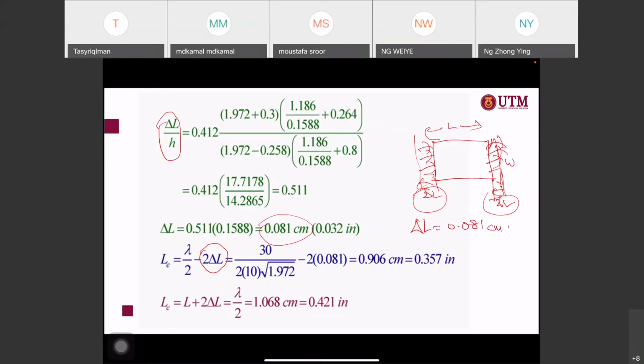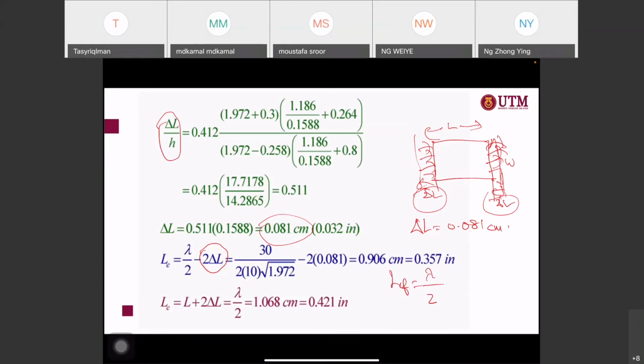Okay, so I'm not looking into the inch because we are not from the US, we are using the metric system. So you've got delta L, and if you want to find your L effective, you need delta lambda over 2.